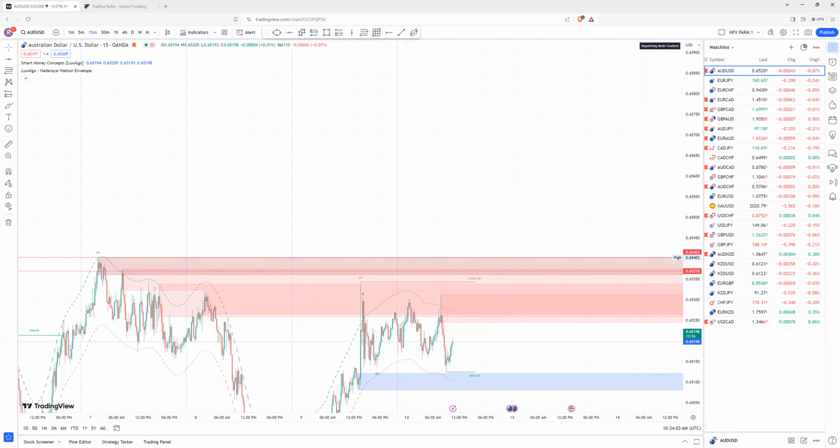So like I said, this is the first trade. I will type the numbers out.